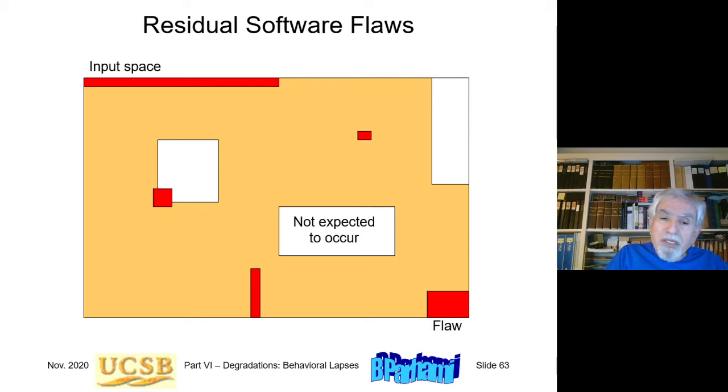Okay, so the red areas are those hidden flaws, and typically there are very few of those, and they happen for really rare values of X and Y, because if they happened for common values of X and Y, they would have been detected during testing. So the fact that they went undetected during testing means they're not very common cases. When we test software, we tend to concentrate on what is known as corner cases and edge cases.